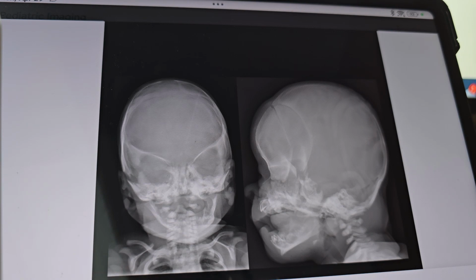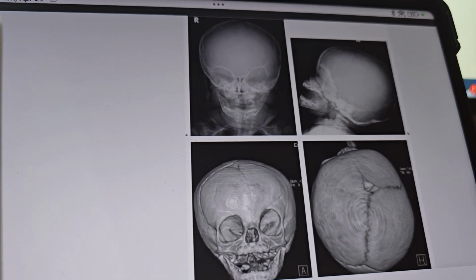So definitely all these modalities give us very good information, but which modality to use where, you should know better. Here you can appreciate both. The above two photographs are X-rays, and the below two photographs are CT scans, and you can appreciate how much detail they give us.